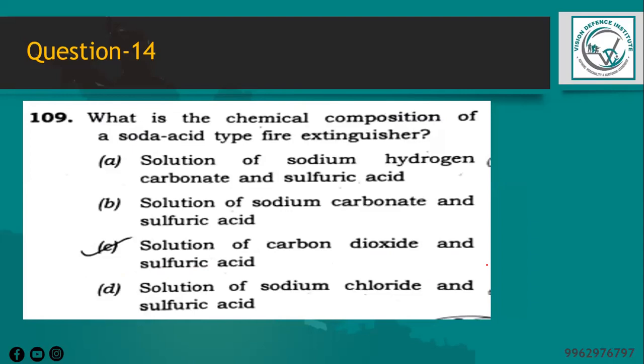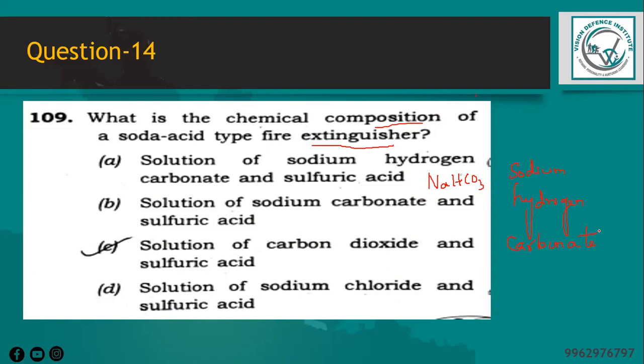And the next question is, what is the chemical composition of a soda acid type fire extinguisher? In a soda acid type fire extinguisher, there are two separate compartments. One compartment contains a solution of sodium hydrogen carbonate, that is NaHCO3, and water.